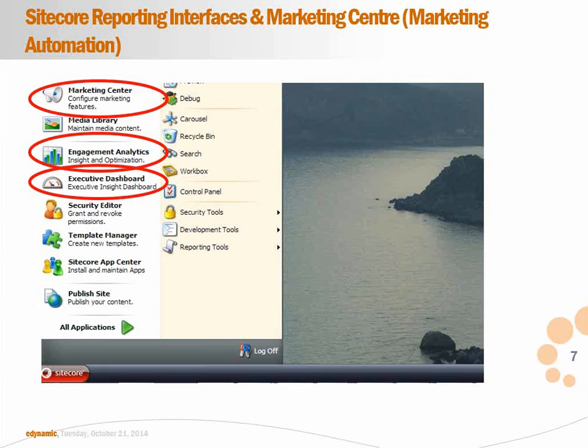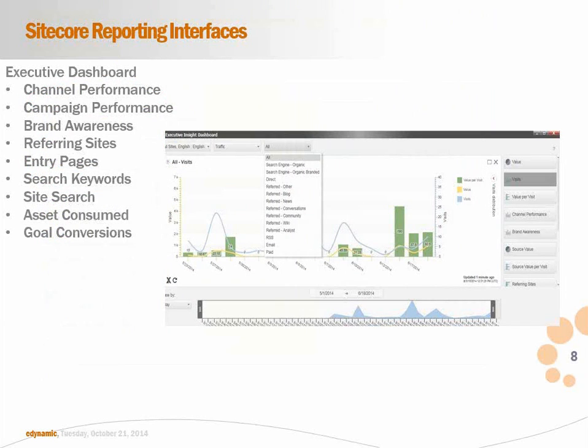So Marketing Center, Engagement Analytics, and Executive Dashboards are core to Sitecore DMS, and in the upcoming slides we'll talk about these in detail. I will start with the Executive Dashboard. The Executive Dashboard within Sitecore DMS has several reports. We have channel performance, campaign performance, and brand awareness, as you can see on the screen.